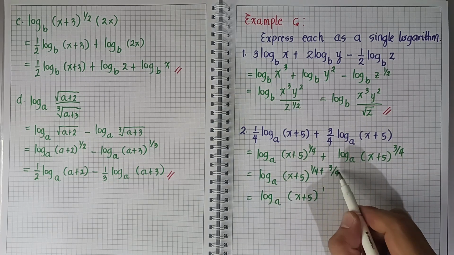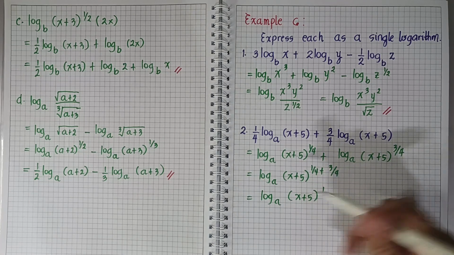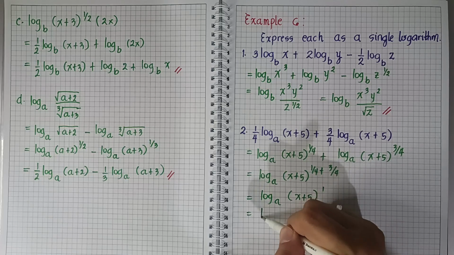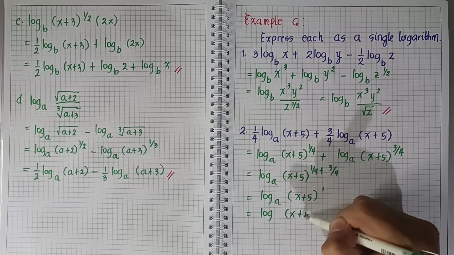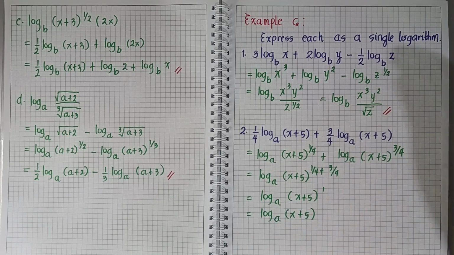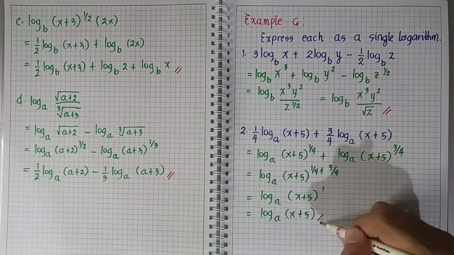Because 1/4 plus 3/4 is 4/4 or 1. Okay, since we no longer write the 1, the final answer will be the logarithm of the quantity x plus 5 to the base a. So that is your final answer. Okay, are you following me, guys?